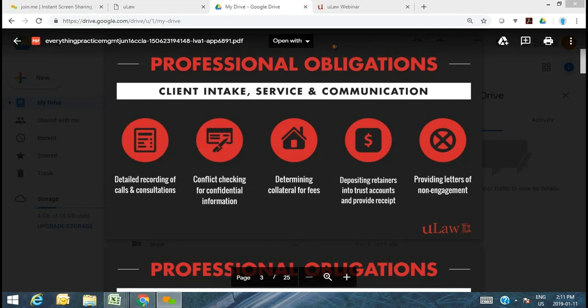Now come the other aspects of this client intake, service, and communication. As part of that process, one of the key aspects that you need to determine, and ensure there's very prudent, transparent communication with your client about, is the collateral for fees, or your fee structure.